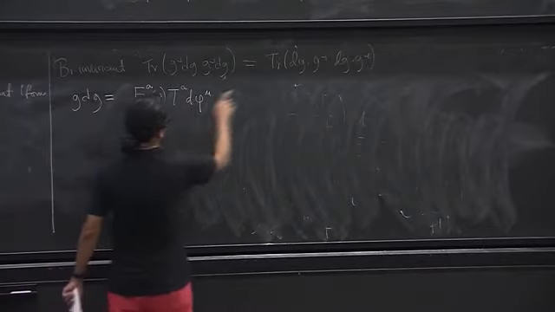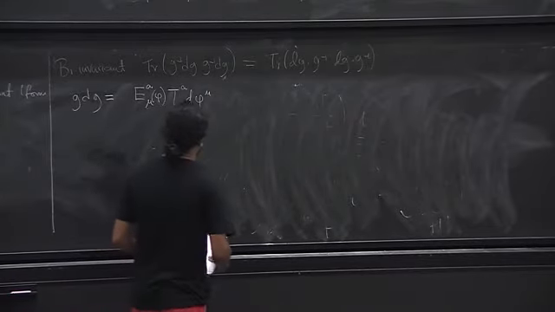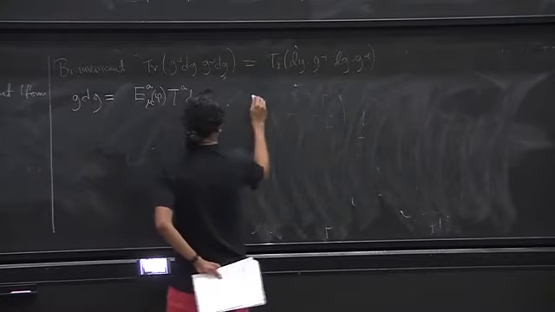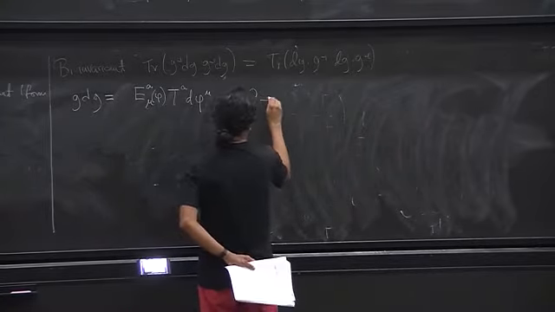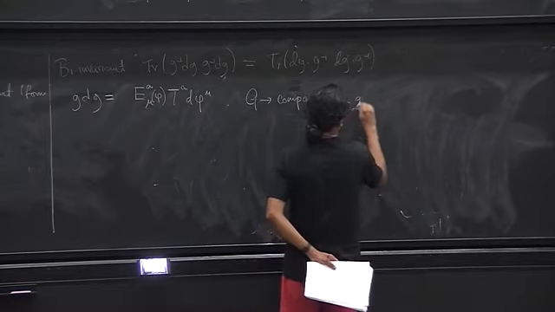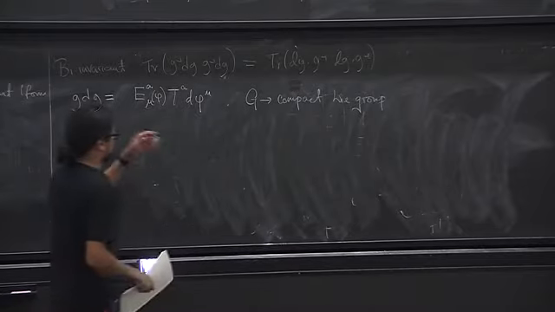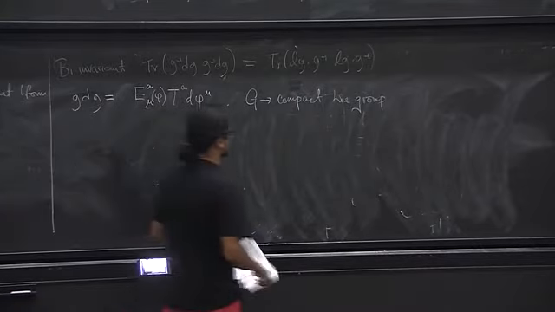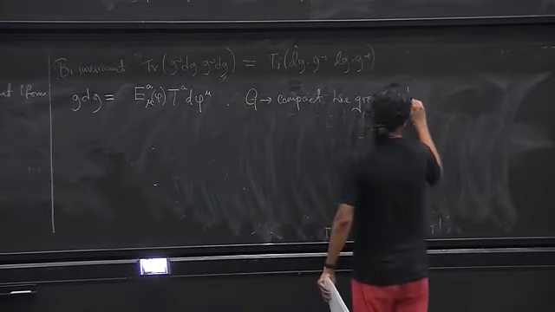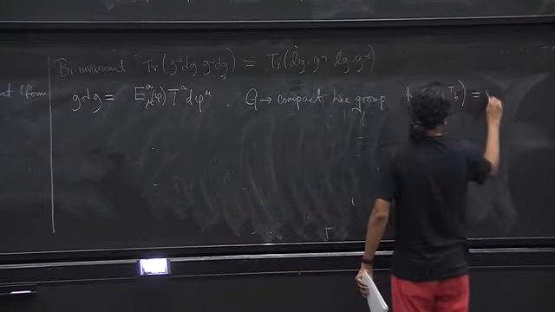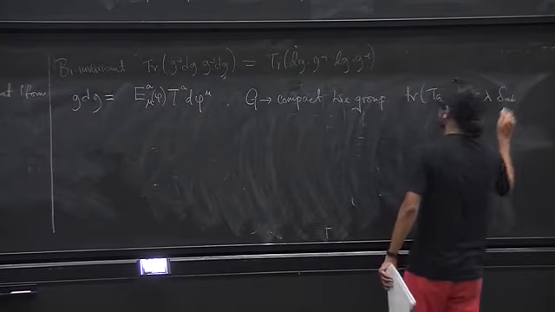Now if I plug this in and use the fact that G is a compact Lie group, I can normalize the trace of T A T B to be some constant times delta AB.